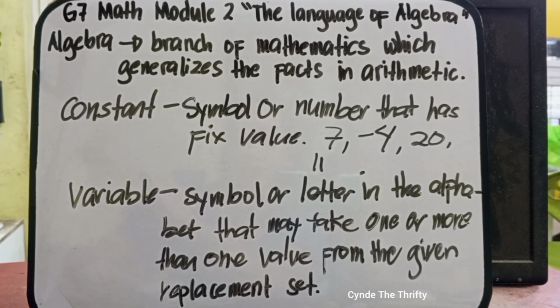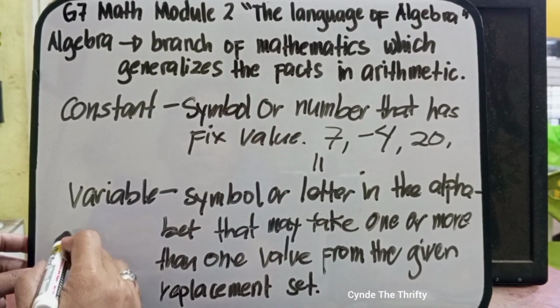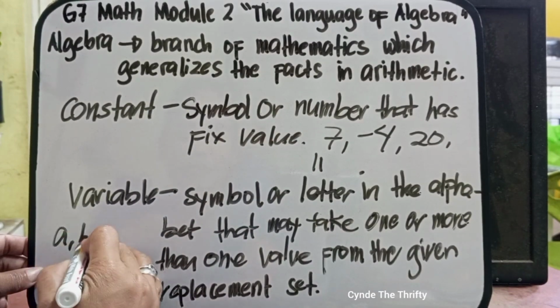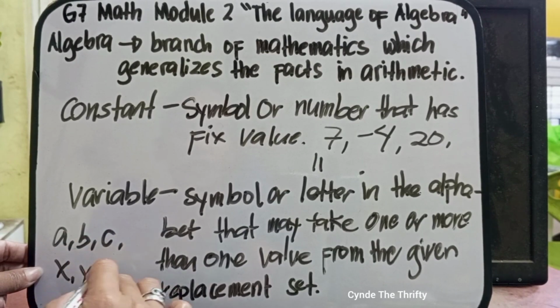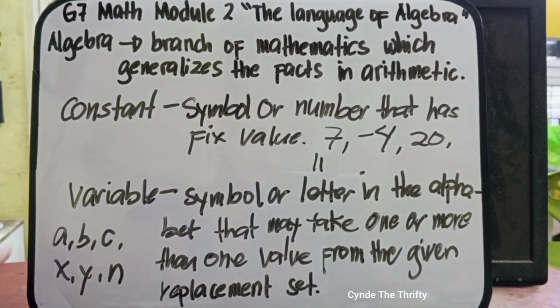And ang variable din natin is nakasulat siya in a small letter. So makikita nyo sa ating equation or sa ating expression, meron kayong makikita ang mga letters like letter A, B, C, X, Y, N. So ito yung mga usual na letters na ginagamit natin sa ating variables.